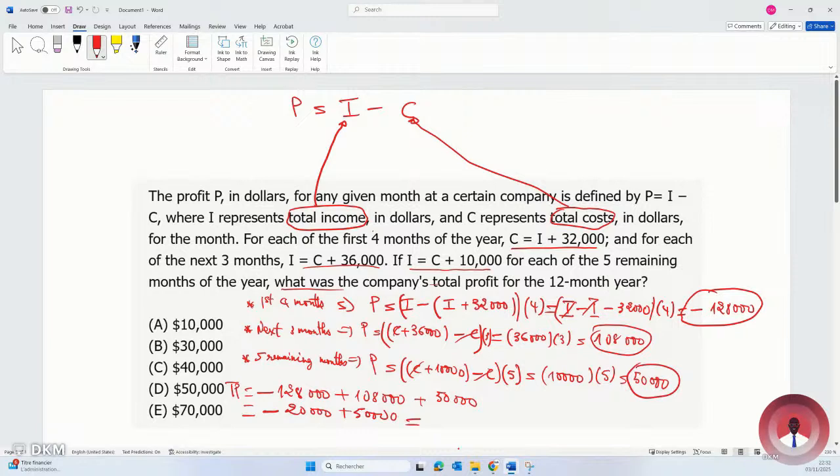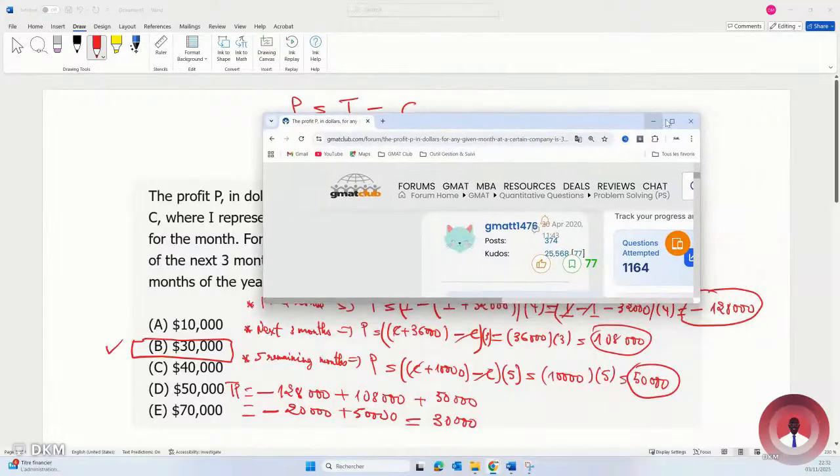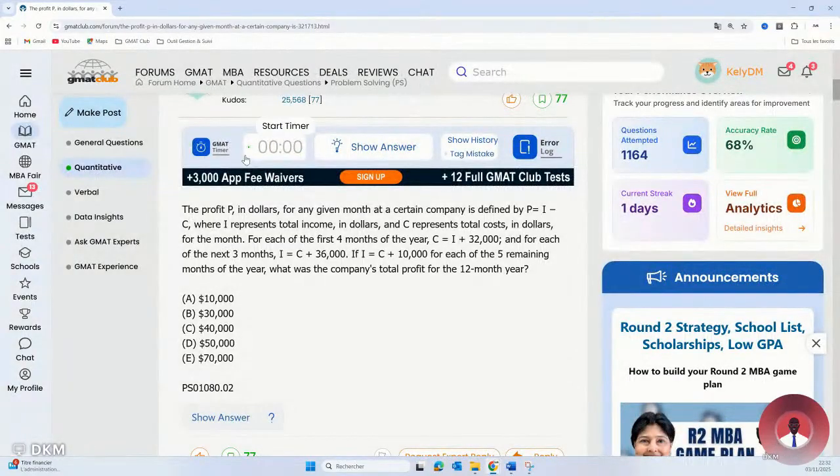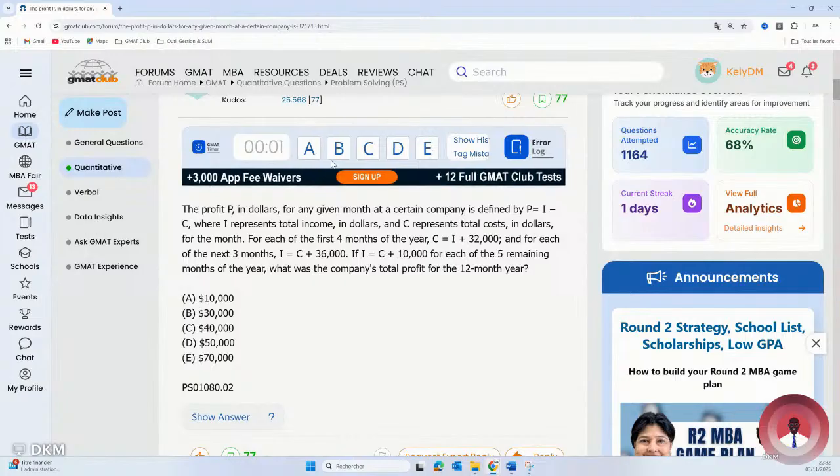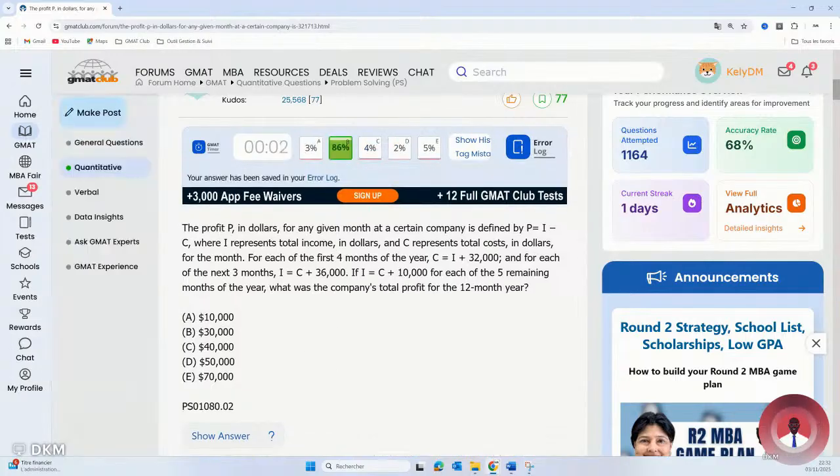And this we know for sure is going to be equal to 30,000. So that's why the answer is B for this question, 30,000. Now if we check that on the GMAT Club, we say 30,000, answer B. That's the correct answer.